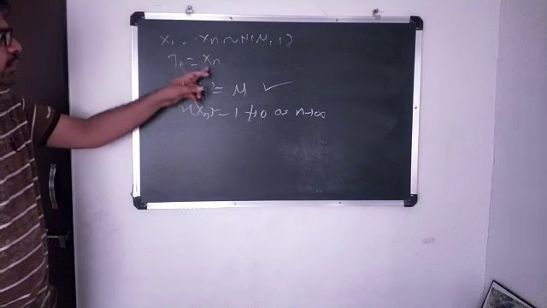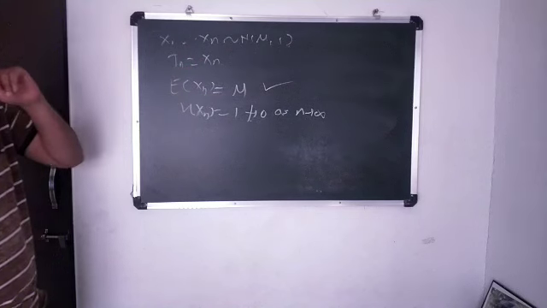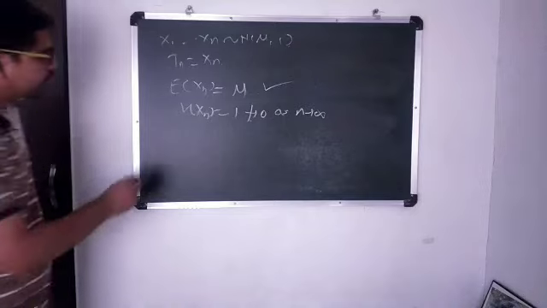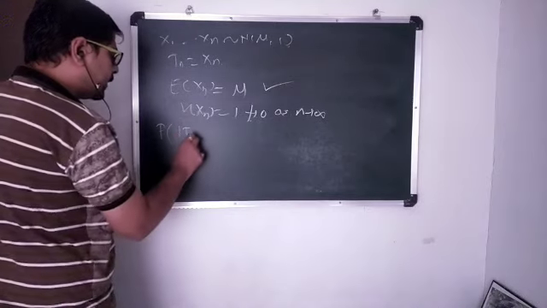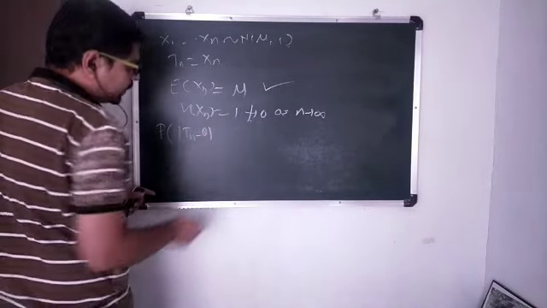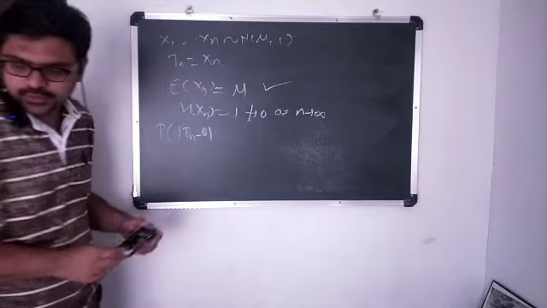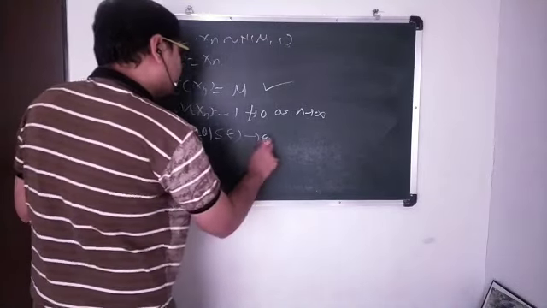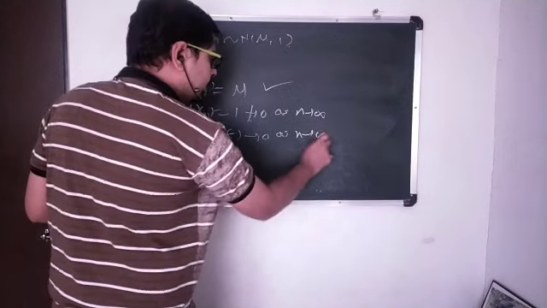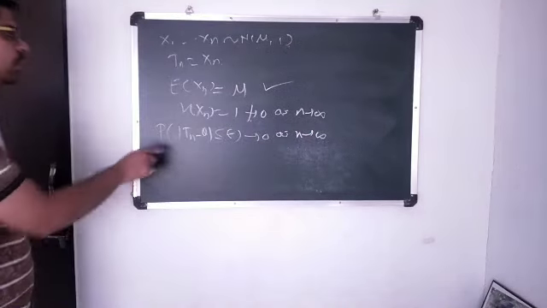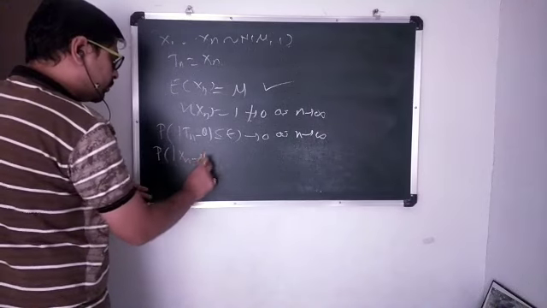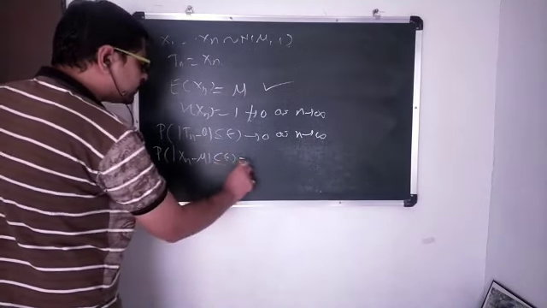To check its consistency, since the conditions are not satisfied, we have to go to the definition. And what is our definition? The probability of |Tn minus theta| less than epsilon should tend to 1 as n tends to infinity. So now we will take the probability of |xn minus mu| less than epsilon.